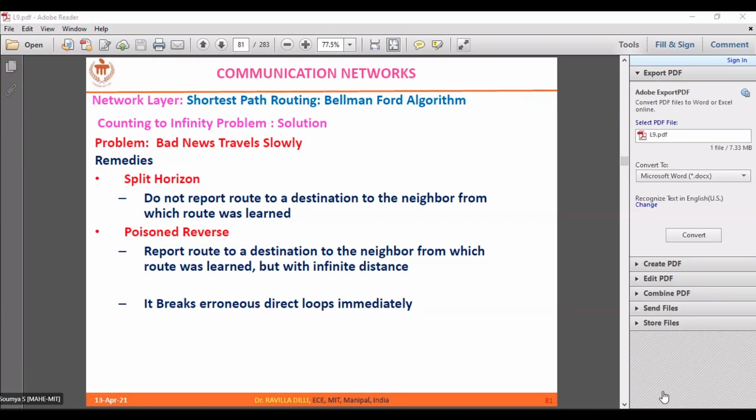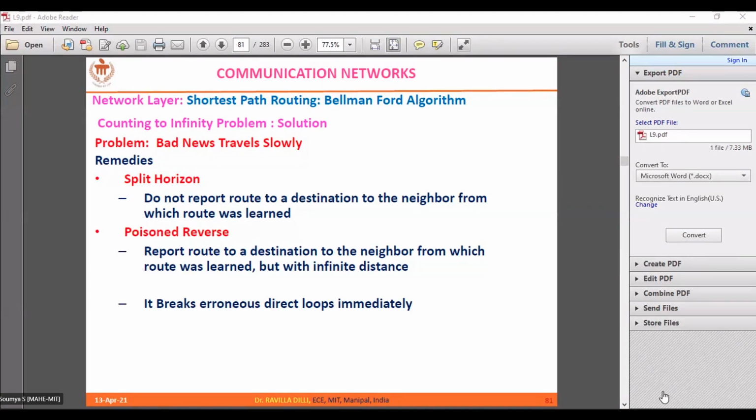One is the split horizon method and the other one is Poison reverse. Now in the split horizon method, you do not report a route to a destination to the neighbor from which the route was learned. That is, let us say I have learnt from you. You have the distance to some other node and I have learnt it from you and I have updated it. Then I should just stop over there. I should not send the same thing to you once again.